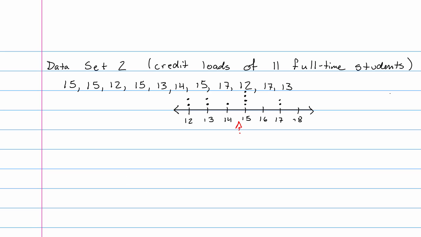For data set 2, the midrange is, well, the largest value is 17, and the smallest value is 12, so 29 divided by 2 is 14.5. And again, that's pretty much where we drew the arrow. So it feels kind of good, this midrange thing.